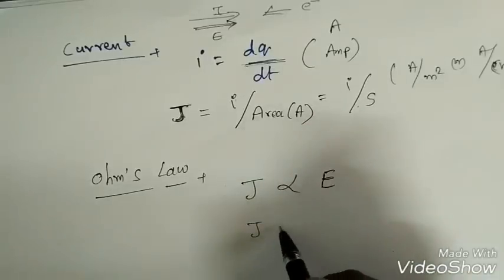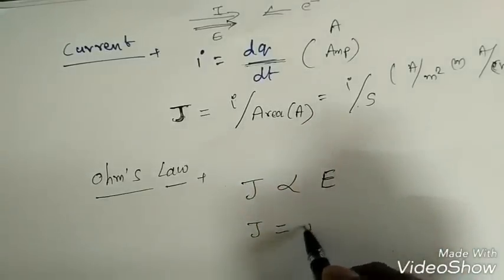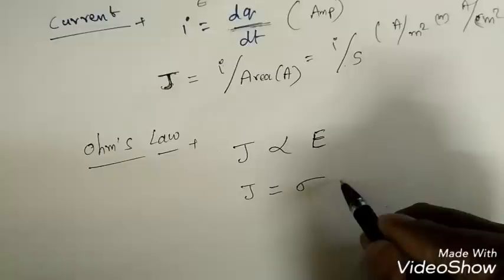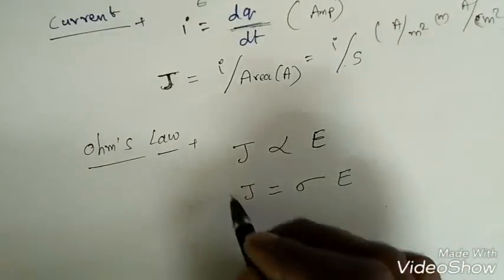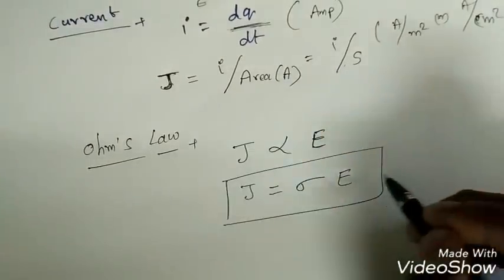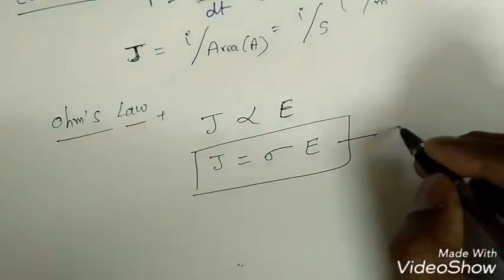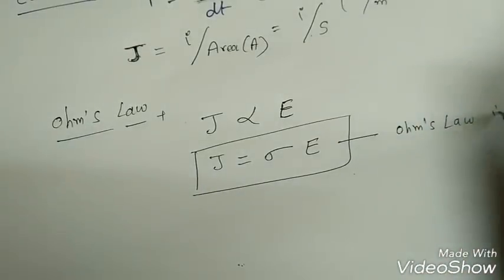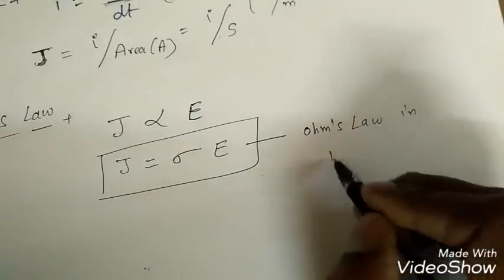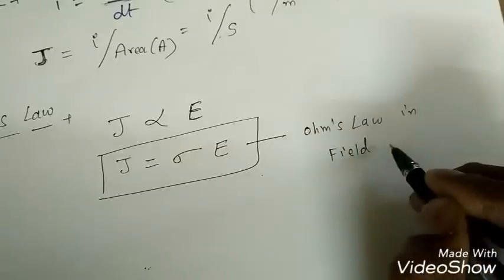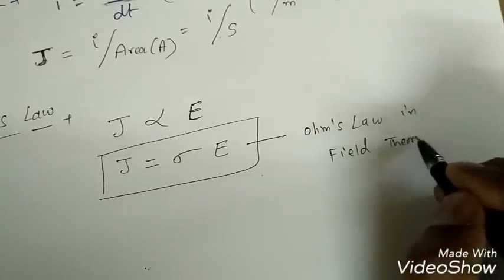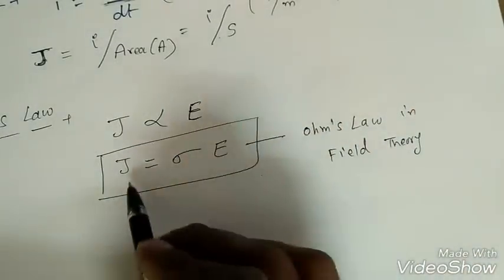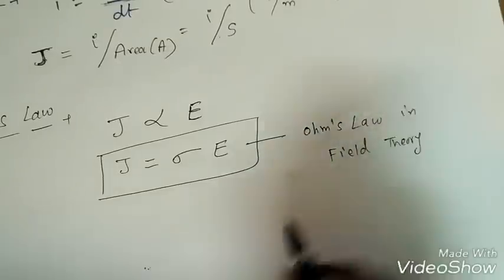So if I make it equal, we will get a proportionality constant, which is sigma, and J is equal to sigma E. This is the first form of Ohm's law in field theory, not in circuit theory, right?